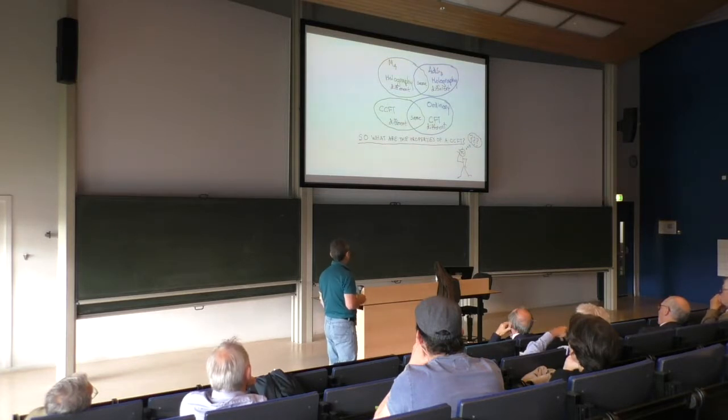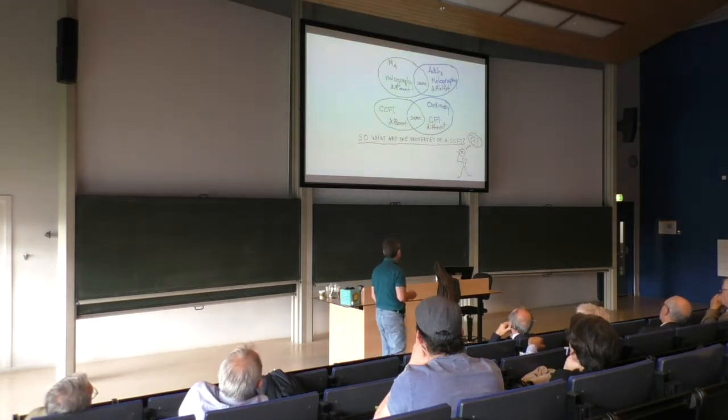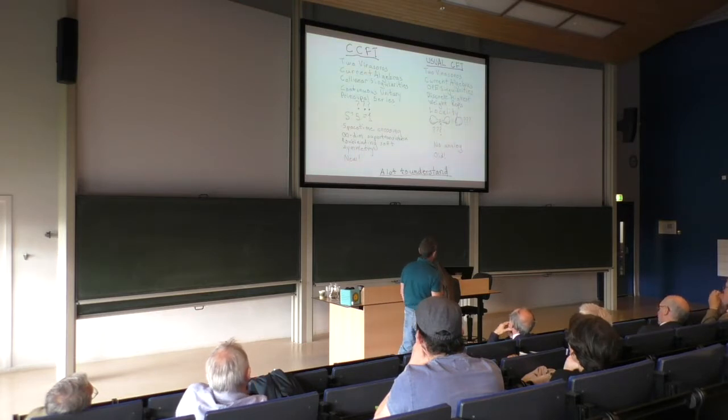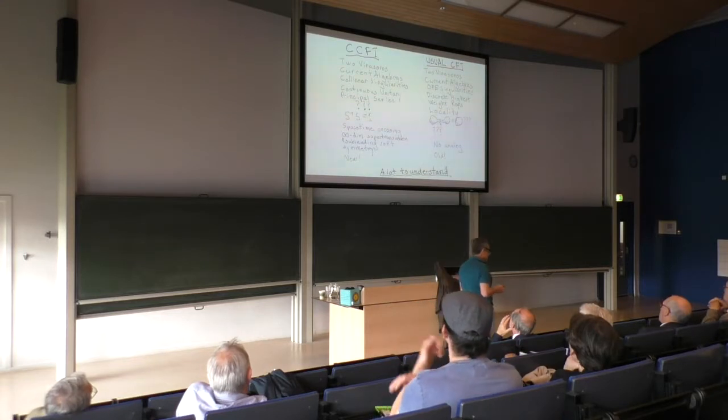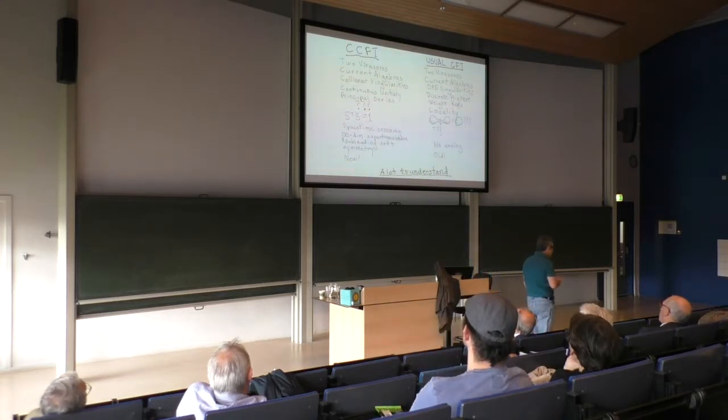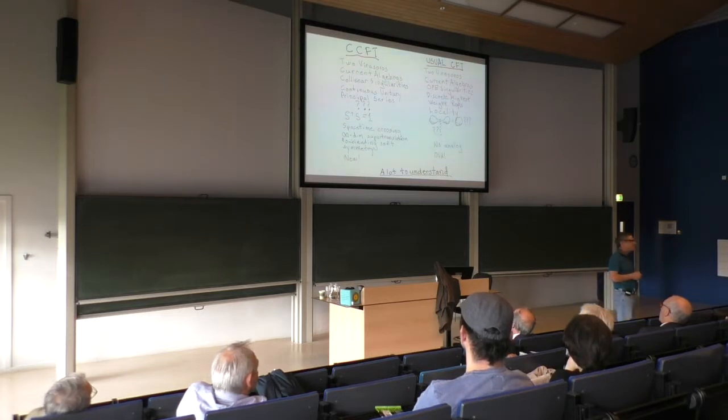So let me go on. What kinds of properties does this conformal field theory have? So again, this conformal field theory is not something that we're positing or pulling out of string theory.